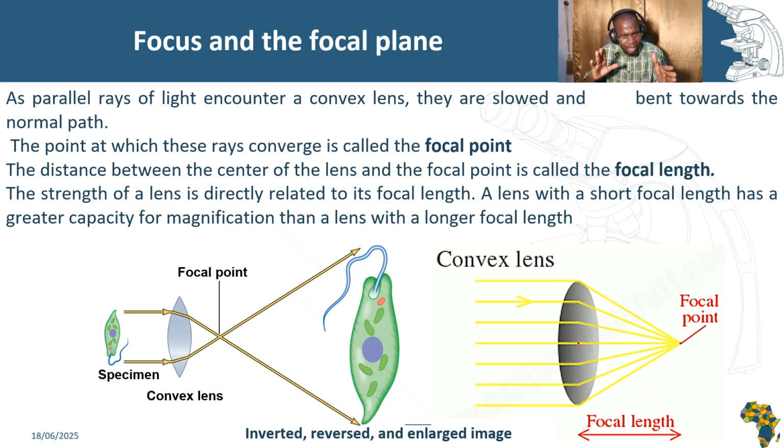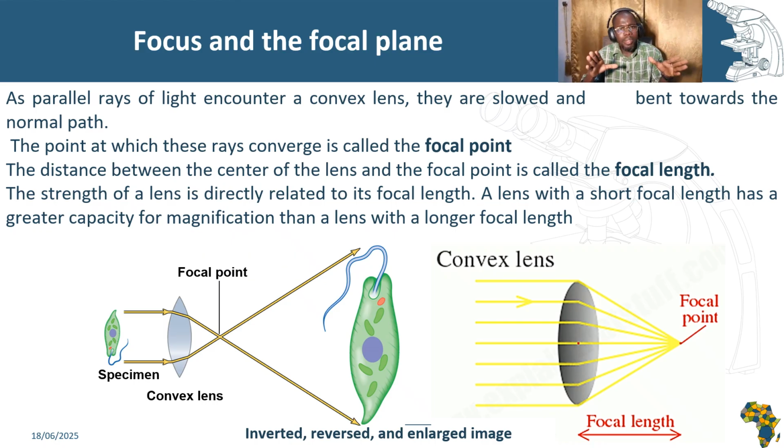A short focal length signifies the lens bends light strongly, and a long focal length signifies the lens bends light a little.